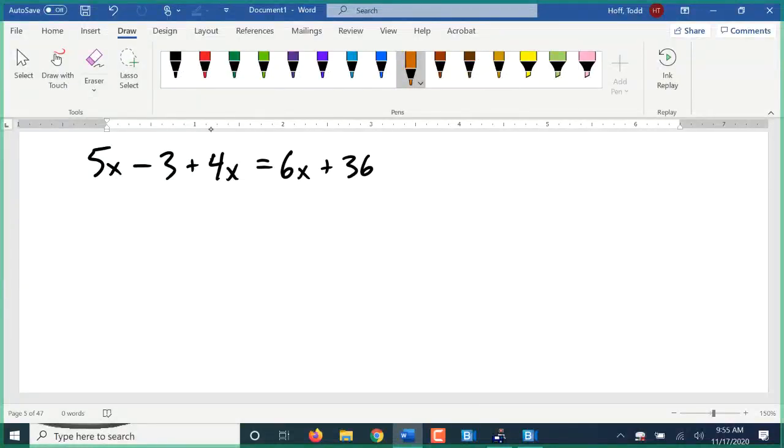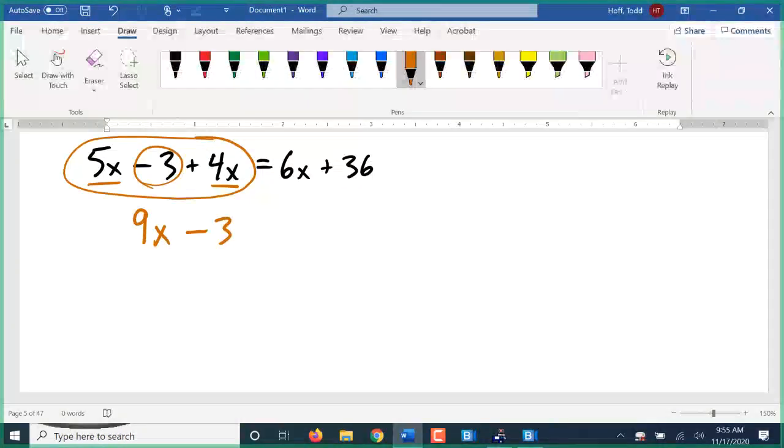On the left side over here, we can combine 5x and 4x. They're both positive. The 5 plus 4 is 9, so that is 9x. We still have the minus 3. That hasn't gone away, and we haven't combined it with anything. So the left side combines to make 9x minus 3. Right side, there's nothing to combine. We just have 6x plus 36. So we'll just rewrite that.